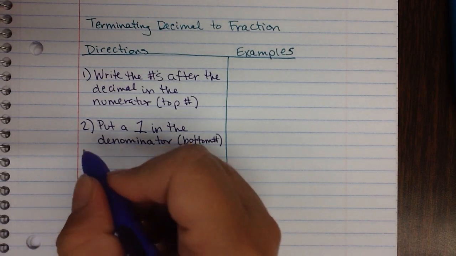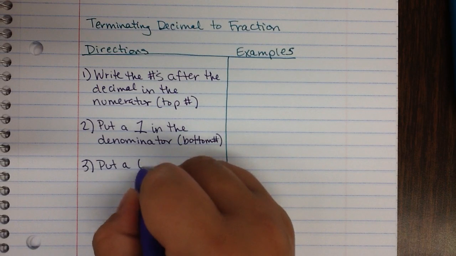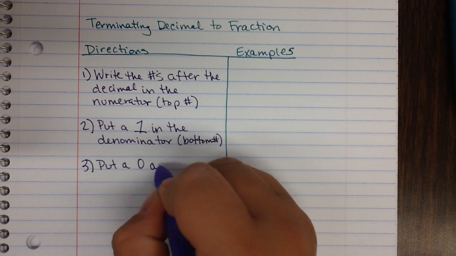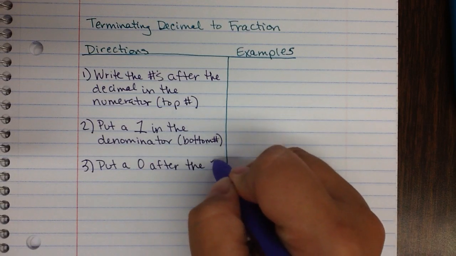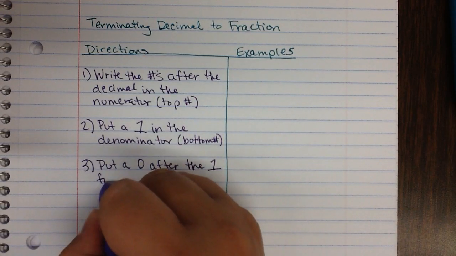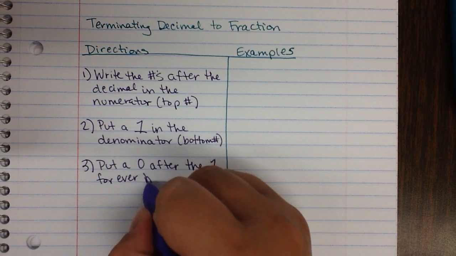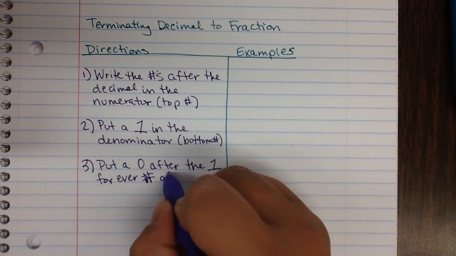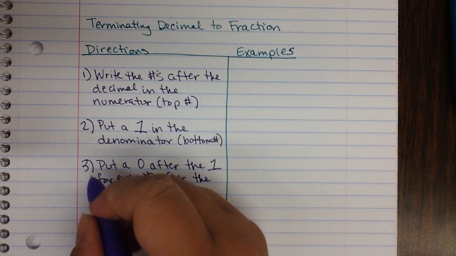Three, you're going to put a 0 after the 1 for every number after the decimal.